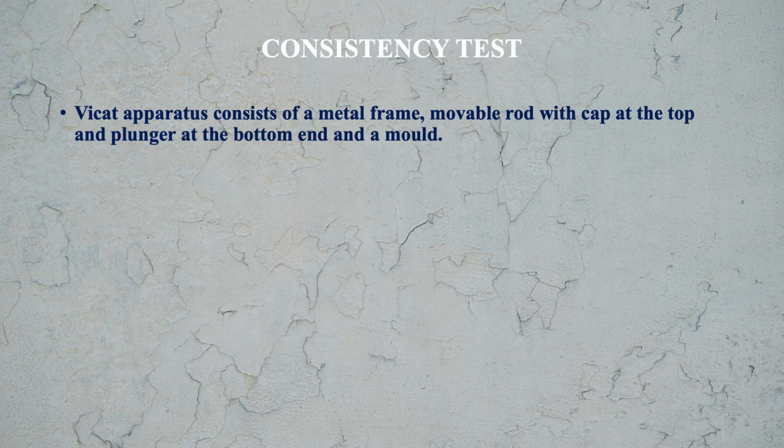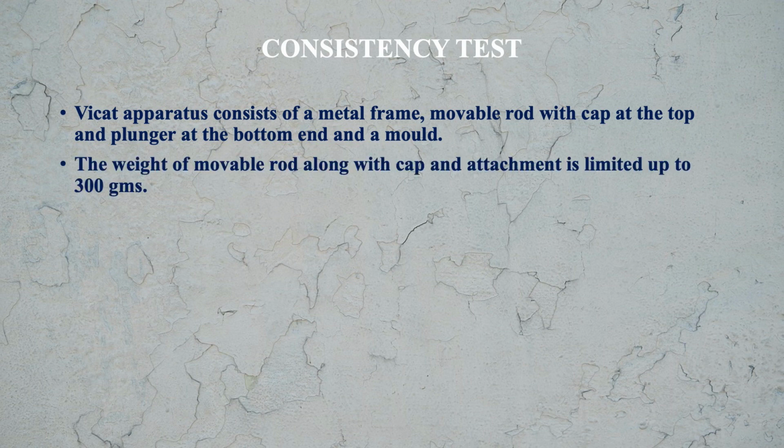Now the Vicat apparatus consists of a metal frame, a movable rod with a cap at the top and a plunger at the bottom end, and a mold. These are the parts of the Vicat apparatus. The weight of the movable rod along with the cap and the attachment is limited to 300 grams.